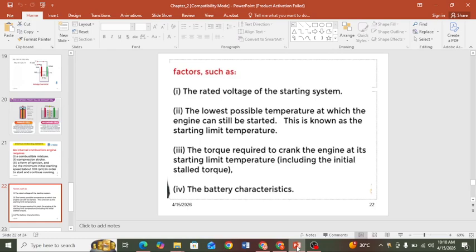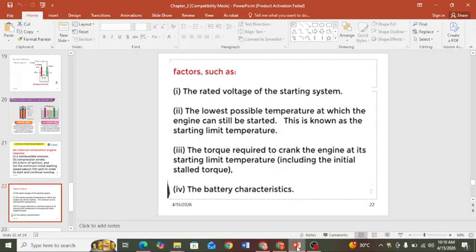This is known as the starting limit temperature. The torque required to crank the engine at its starting limit temperature is force into radius. This is expressed in rpm speed, in the form of revolutions per minute.